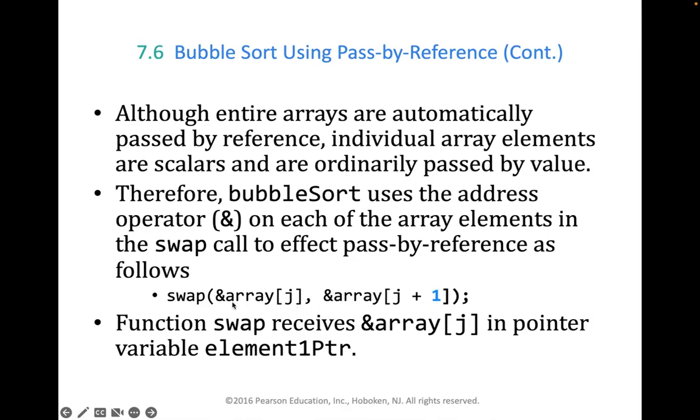So this is just the memory address, not the value of array[j]. Comma, then similarly, ampersand array[j+1]. So this call just gives the two memory addresses of the two array elements.